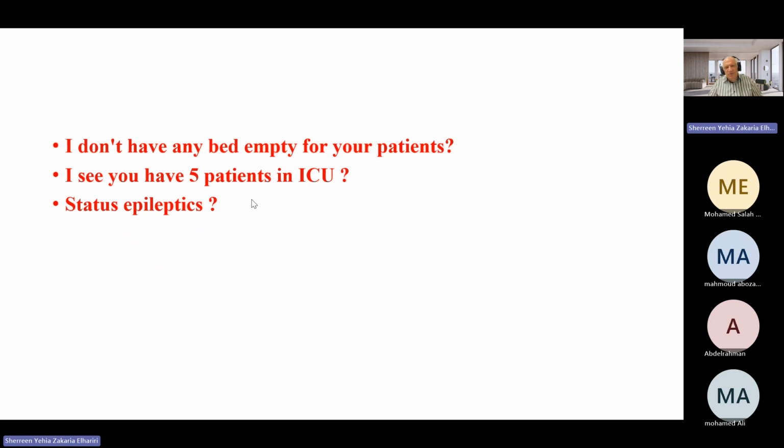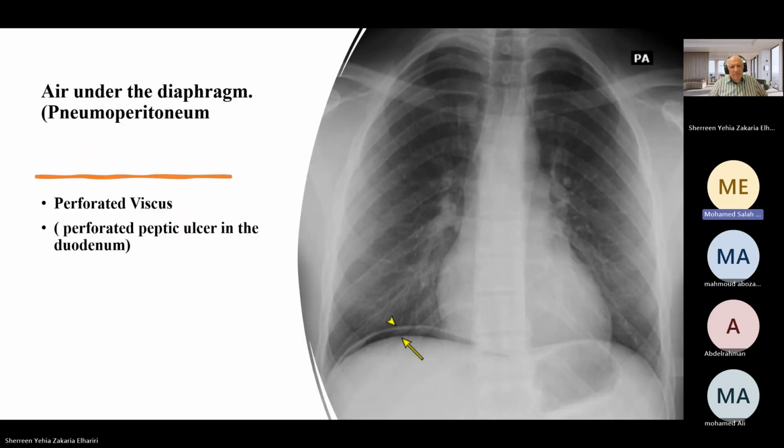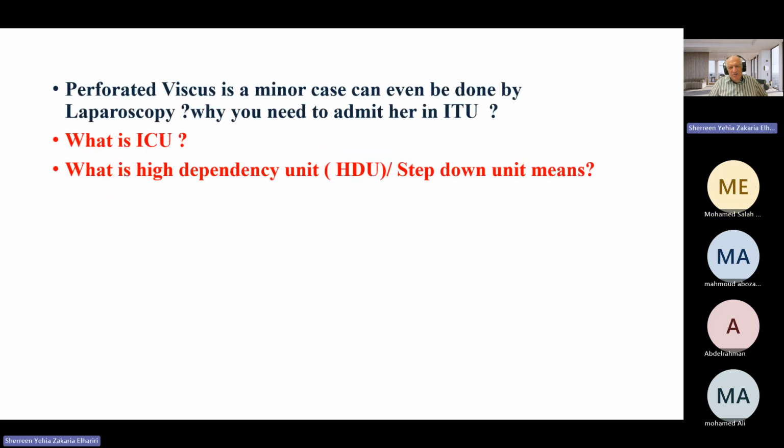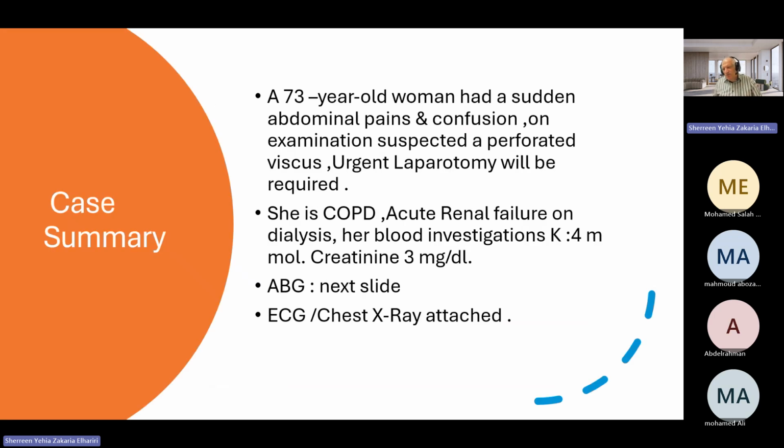So how to solve this problem? We can call the bed manager for redistribution. No, the bed manager is not a doctor. The bed manager is responsible for the beds, but not for the ITU. And you have 9 cases, as you mentioned before, or 5 cases in surgery in ITU.